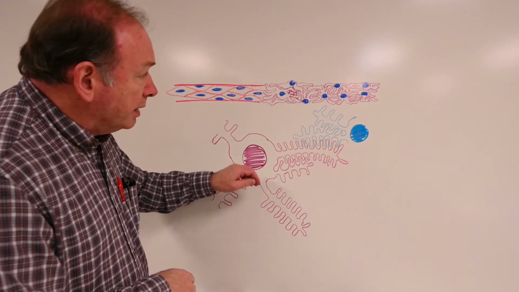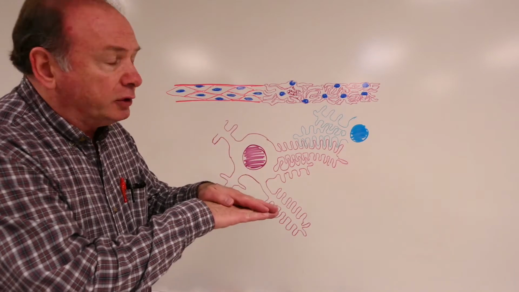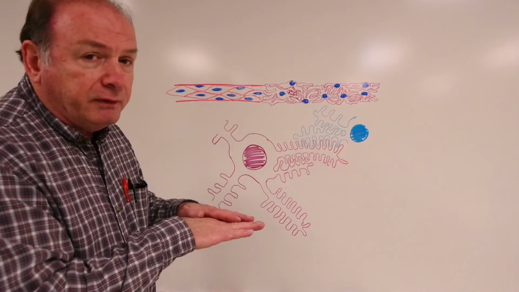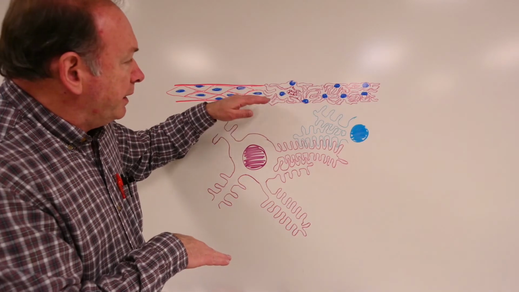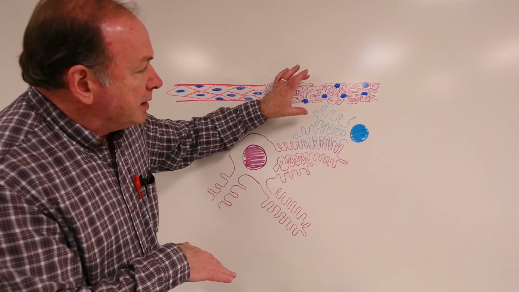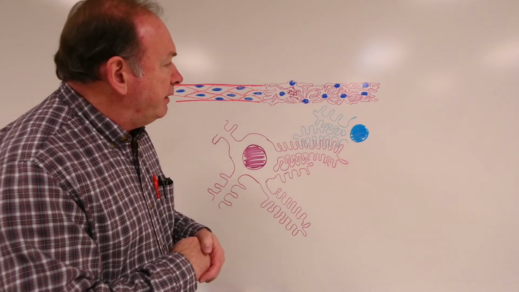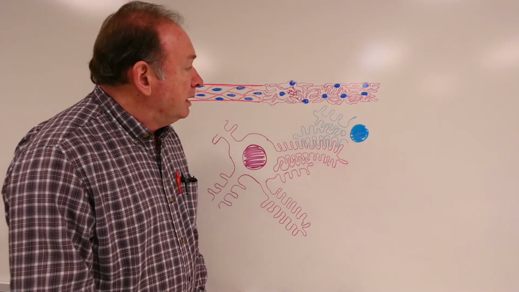Next, we'll kind of look at a view of the three layers of the filtration membrane: the endothelial fenestrated cells, then the basement membrane outside of that, which I probably should have tried to put in this diagram, and then the podocytes on the very outside of those capillaries in the glomerulus.